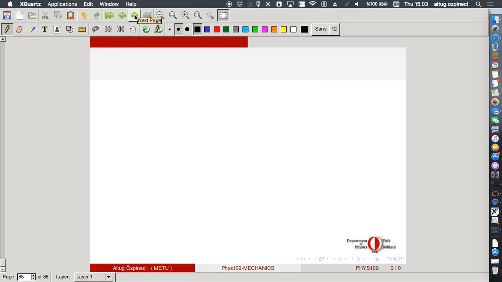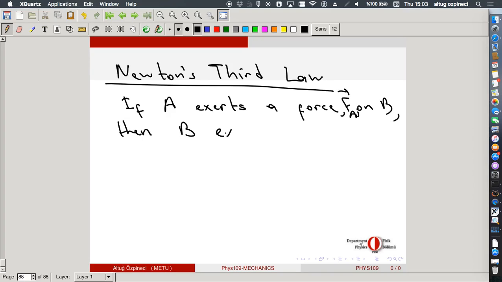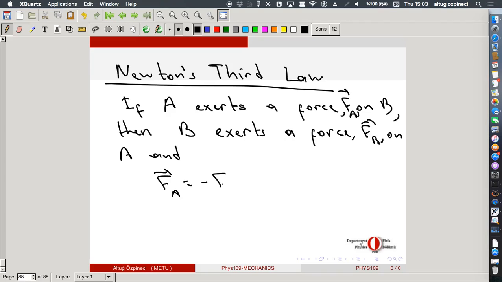Now, to measure it or to define it more properly, we also need Newton's third law, which basically means that if A exerts a force FA on B, then B exerts a force FB on A, and FA is equal to minus FB.